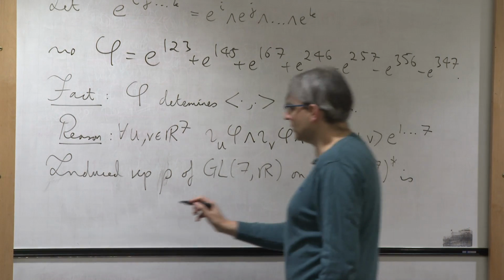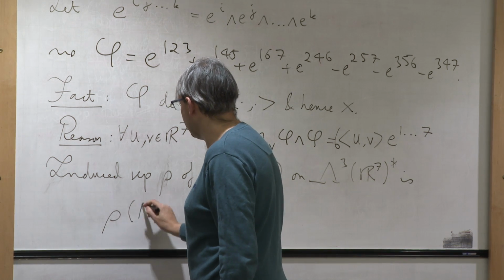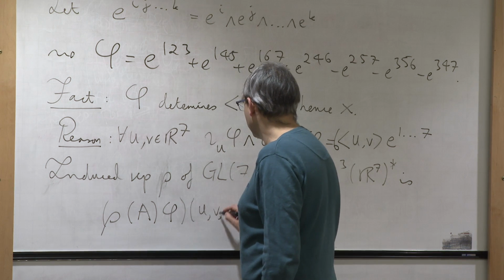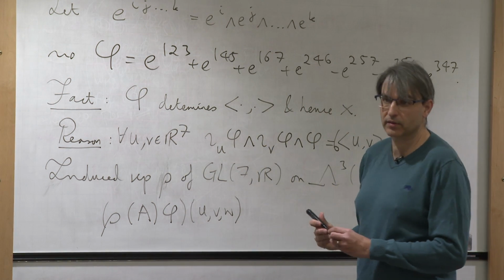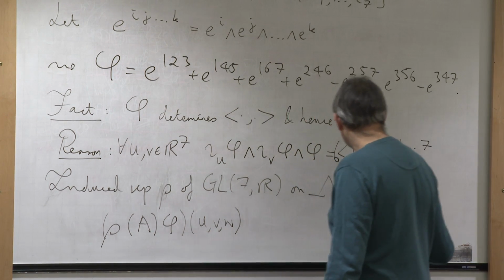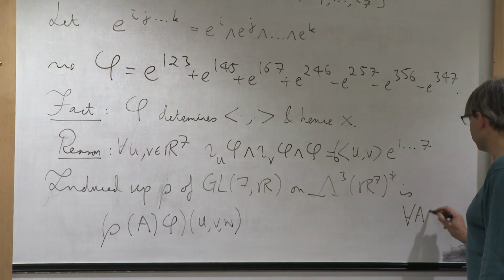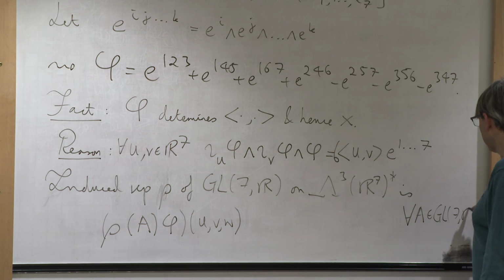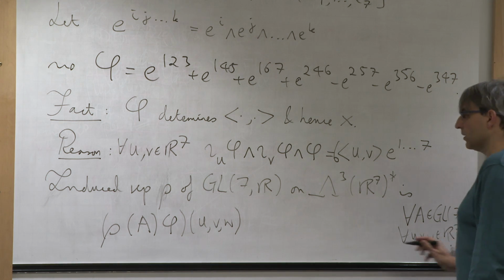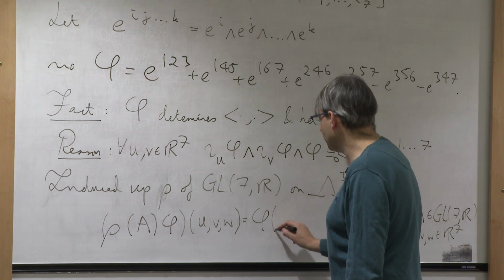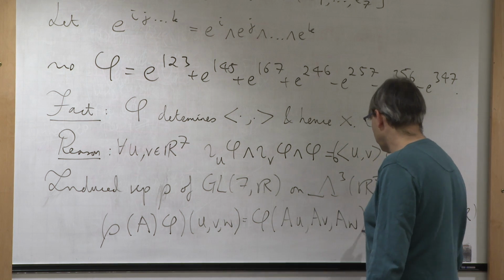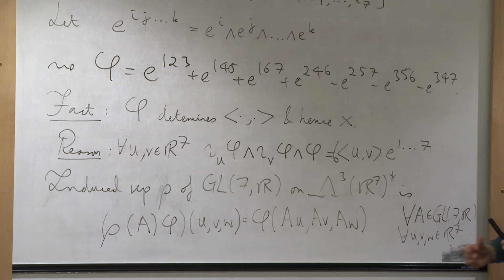This is a reminder: if I take a matrix A, I want to say what it does to phi, and it has to spit out some other 3 form, since it's supposed to be a representation. So for all A in GL7R, and for all u, v, w in R7, it's just that you take phi and you put A everywhere. That's the obvious thing.